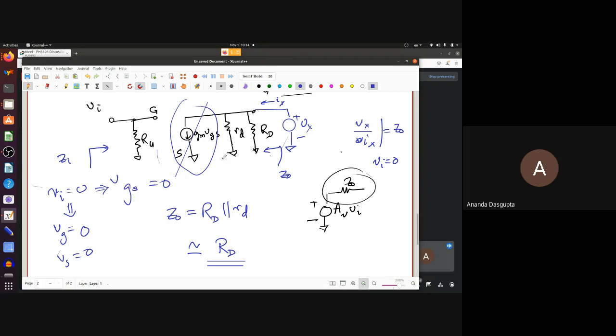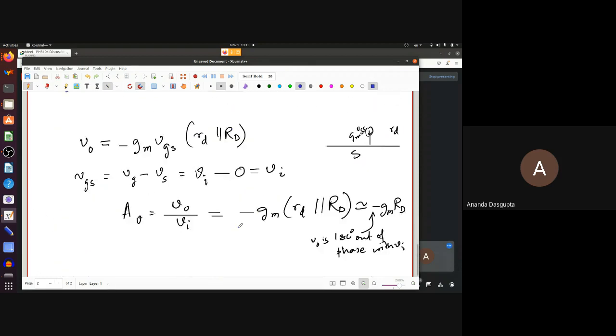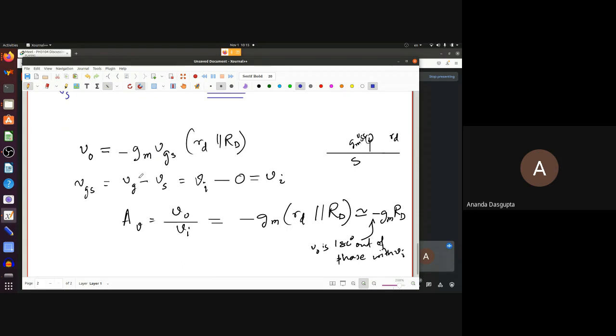Of course, you could formally still connect a Vx to the output and calculate what Ix is going to be and then find Vx by Ix. But it's obvious that what this voltage source is going to see is just these two parallel resistances. So you are going to get this. And AV, the only other calculation that we had done, the only thing you have to be careful about is the current GMVGS.